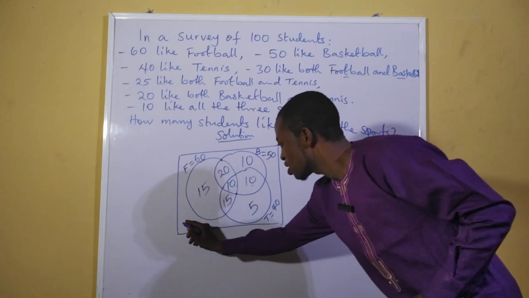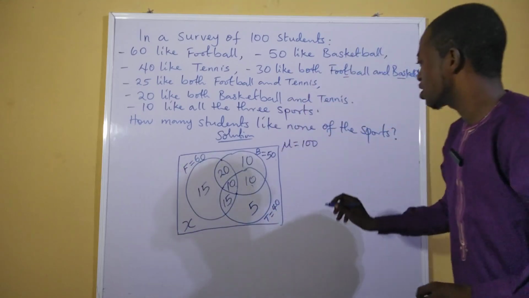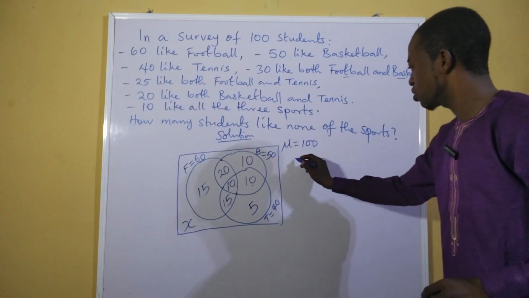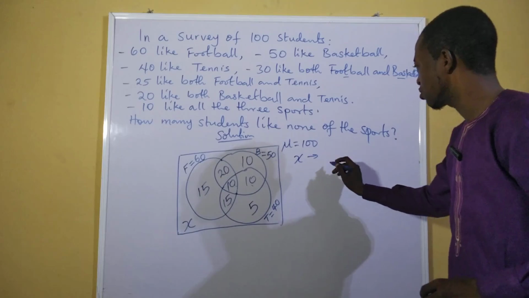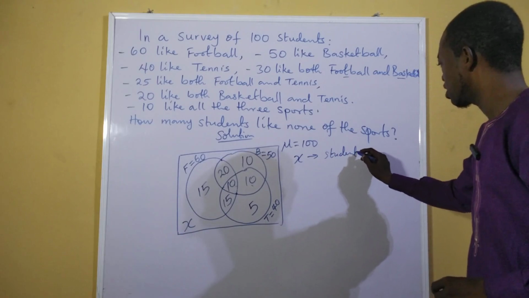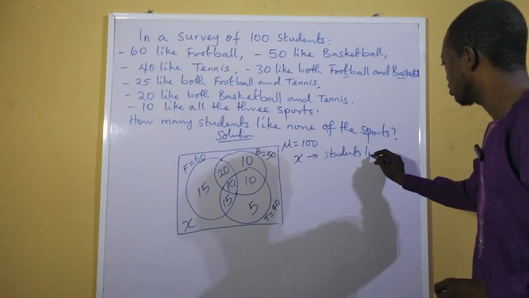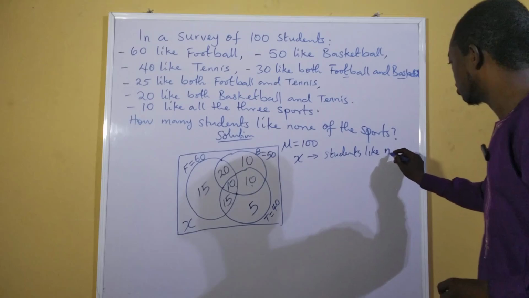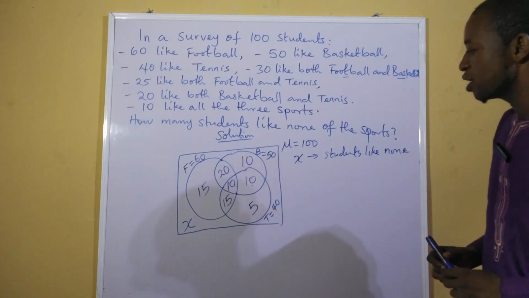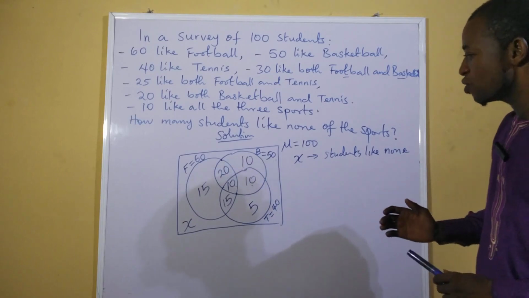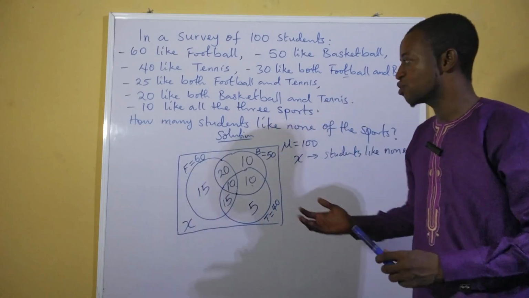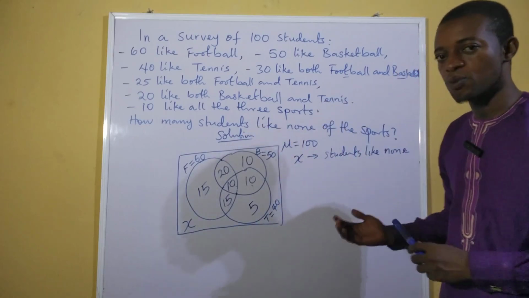You can put it anywhere here as X. So let X represent the students that like none of the sports. Now we want to find the value of X. That is, we want to calculate how many students like none of the sports.